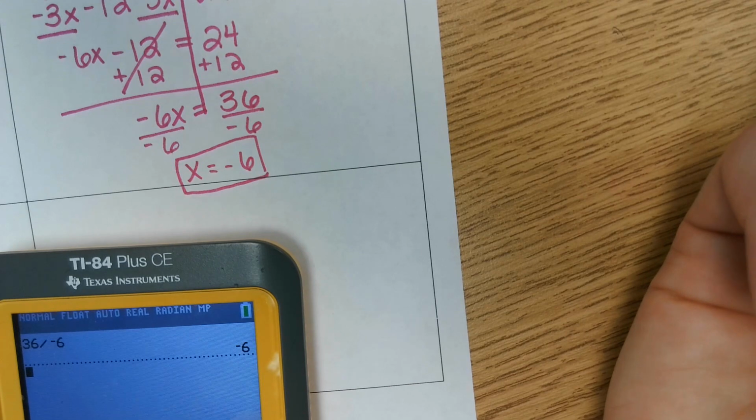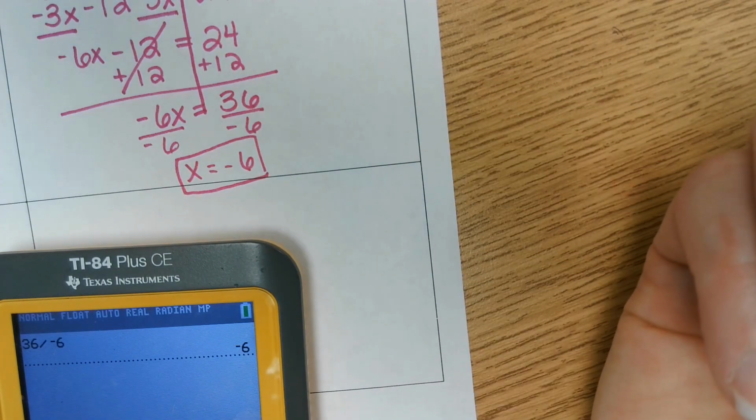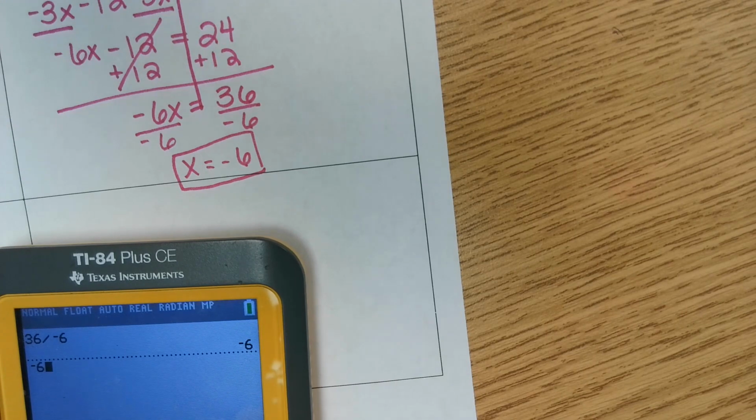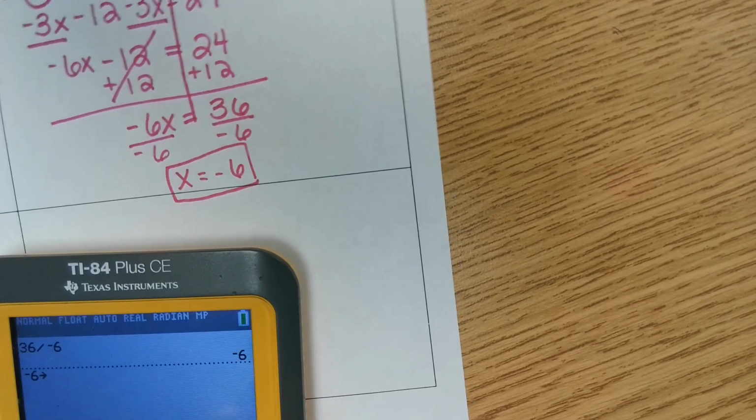So I want to remind you how to check your work. This is to make sure that you're getting your answers correct. So go ahead and do store. We're going to do -6 and then use the store button. Remember, store is right above the on button.